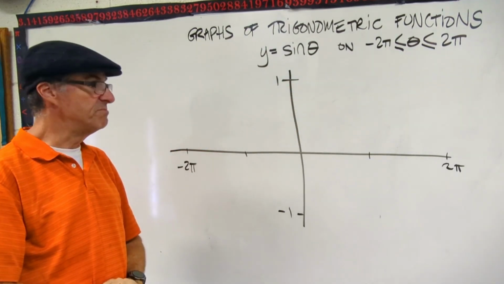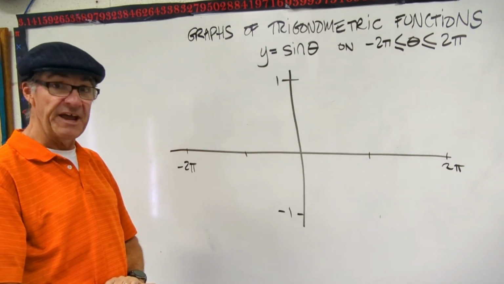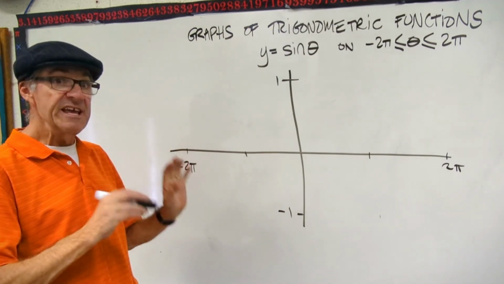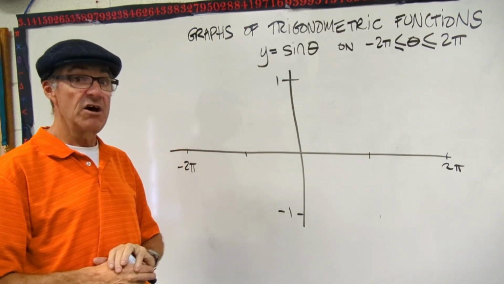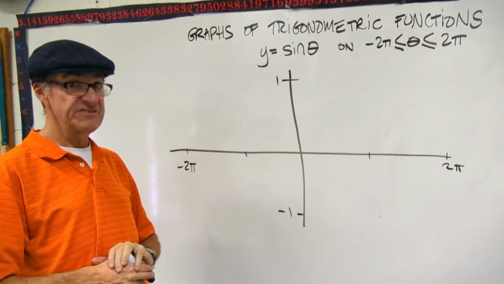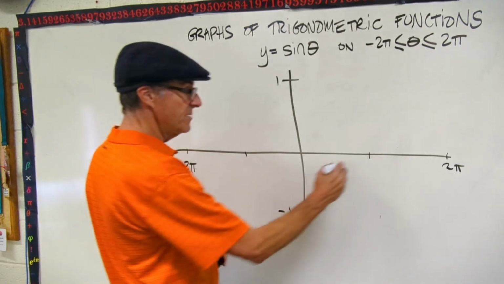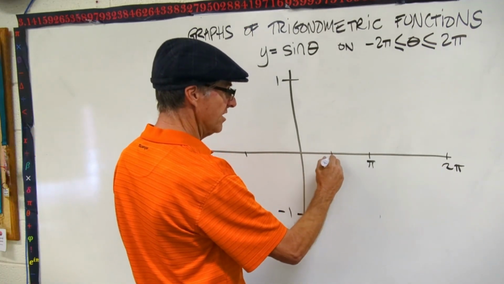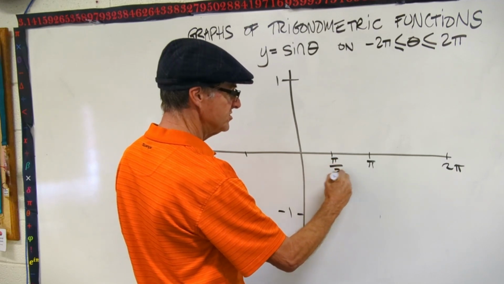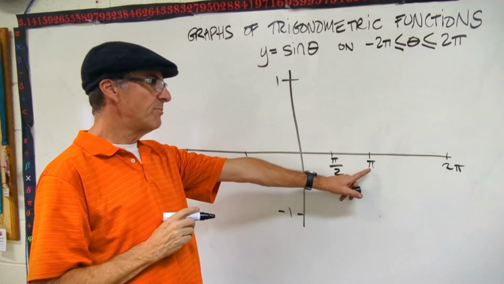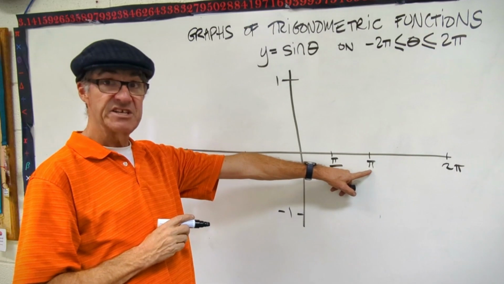Now all we need to do is make our curve, okay? So where is sine theta 1? That's at 90. So that's going to be right here at pi over 2. Then at 180 or pi, sine theta is back to 0.